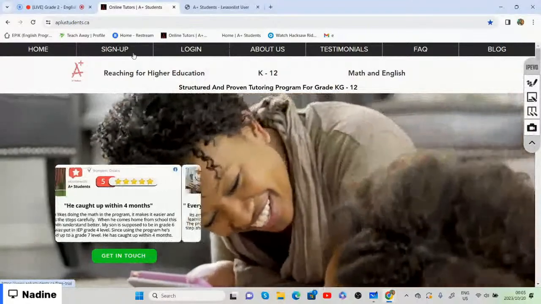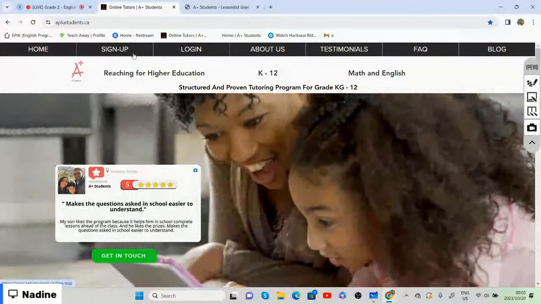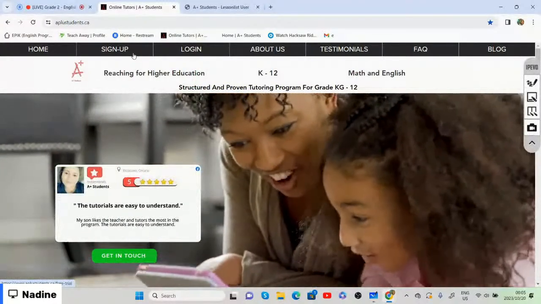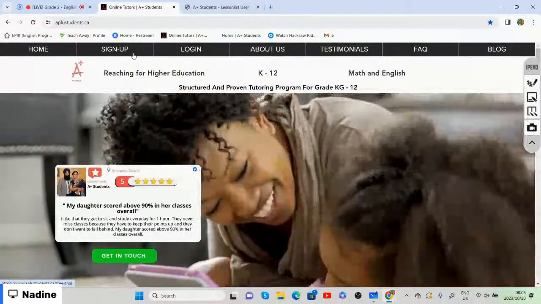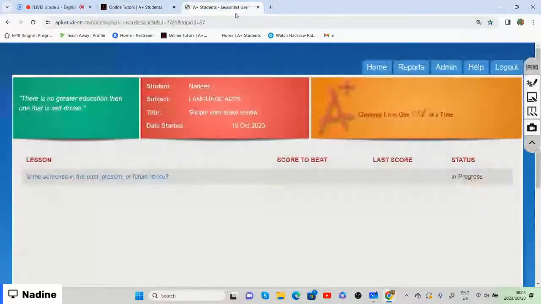Once we have selected the subject of language arts, grade 2, we're going to scroll down until we get to the chapter of simple verb tense review.